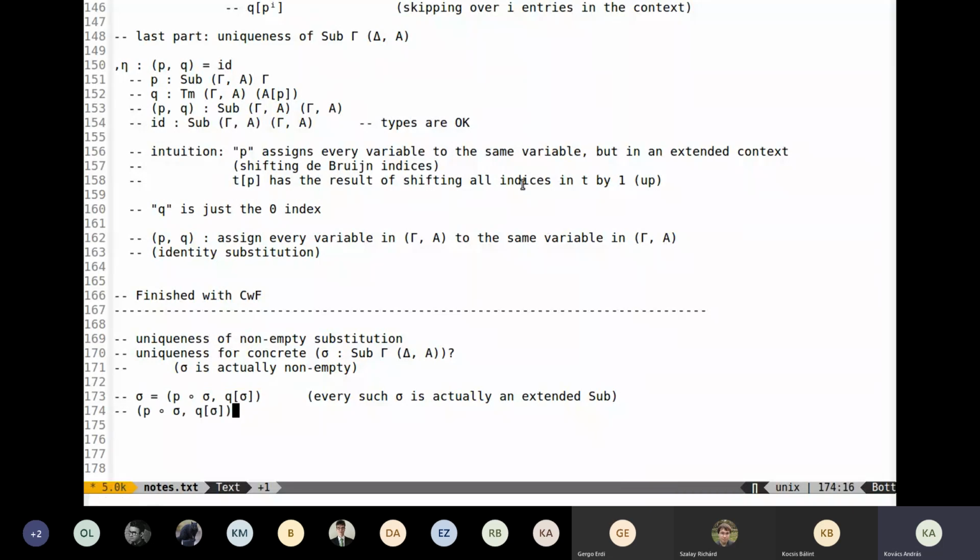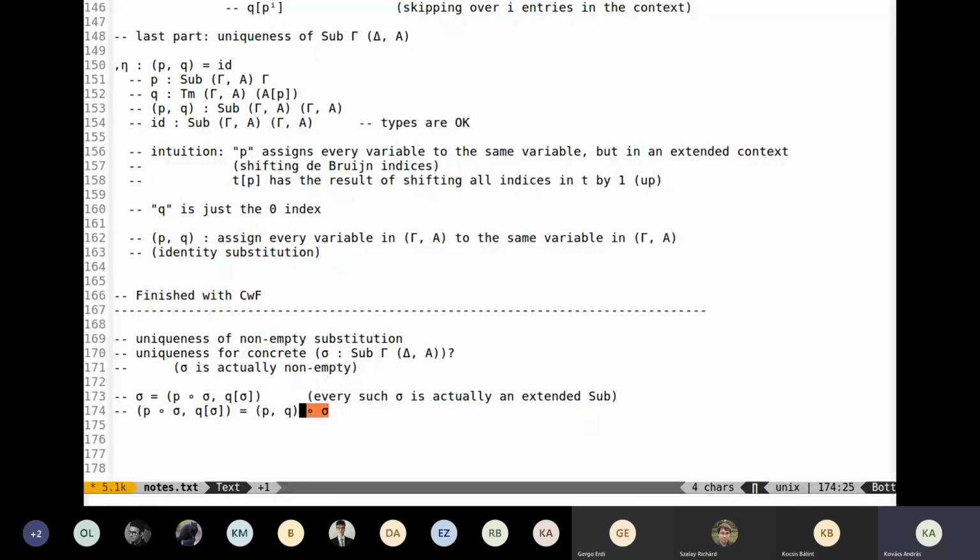we have an extended substitution such that the initial part is composed with sigma, and the last part, the term part of the substitution, is also substituted with sigma. So we have a rule for this, which is kind of the mapping rule. So we can just factor the sigma out. So we have a PQ and then sigma. And here we are doing equational reasoning, but not in the direction of what we would use for computation, but in the reverse direction.